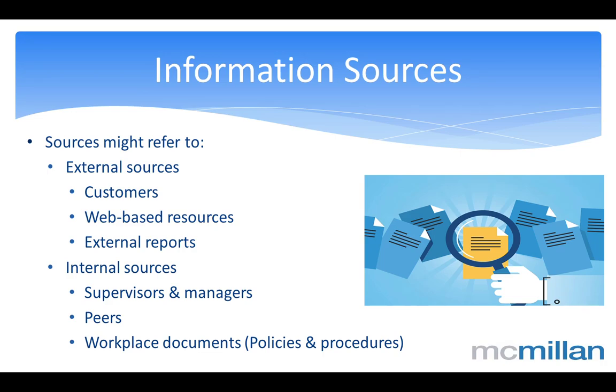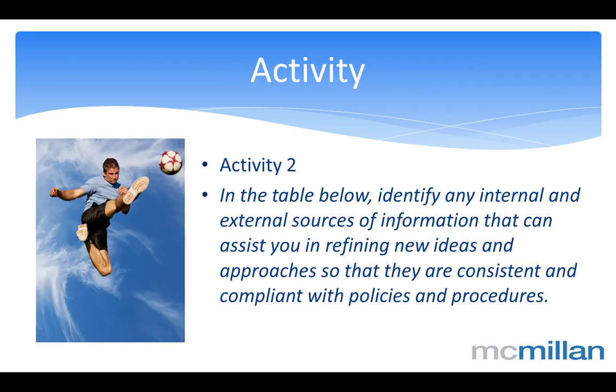We can Google stuff, or we can look at the legislation.gov.au website if we're looking for laws and acts. And of course, there are always professional industry bodies out there to make money with information. So there's always some industry group or professional group that can offer us information, and that's another example of an external source. So let's have a look at activity 2, and I'm going to bring this up.